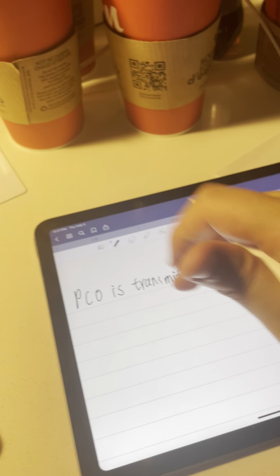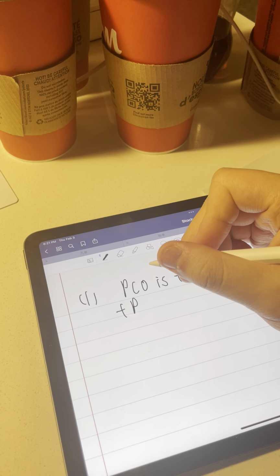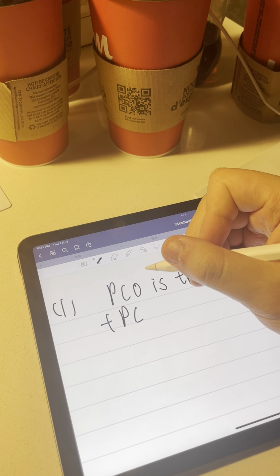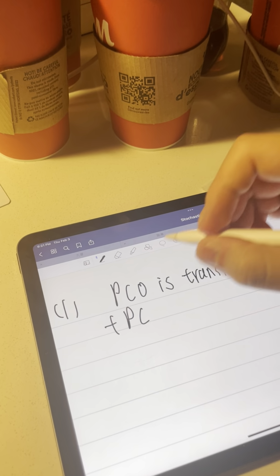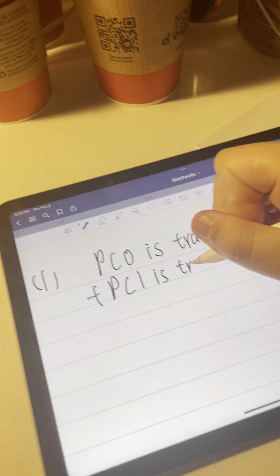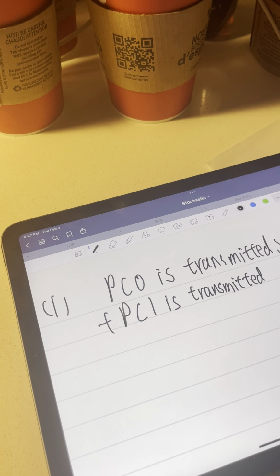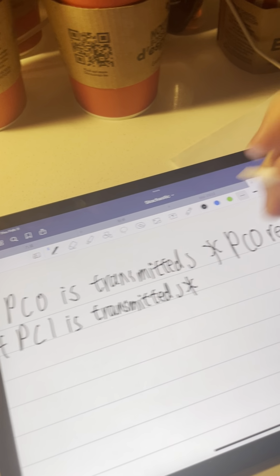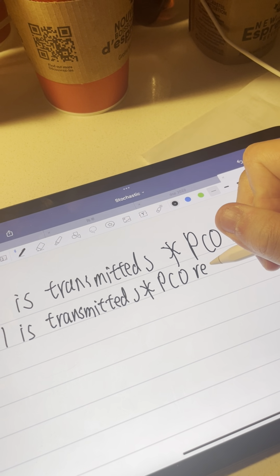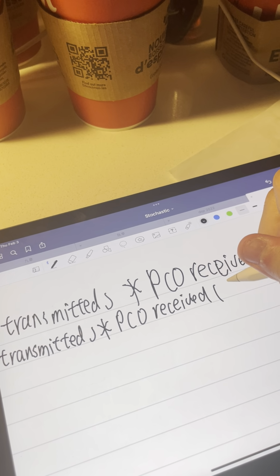And we want to add this part with another part, when 1 is actually transmitted but 0 is received because of the error. So 1 is transmitted times the conditional probability that 0 is received given 1 transmitted.